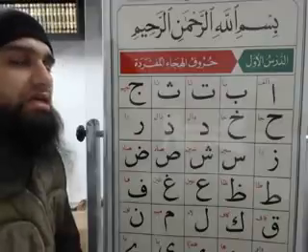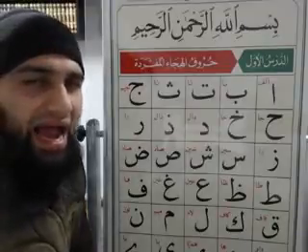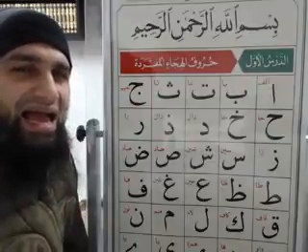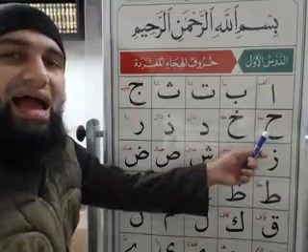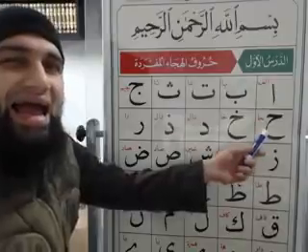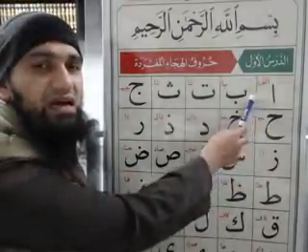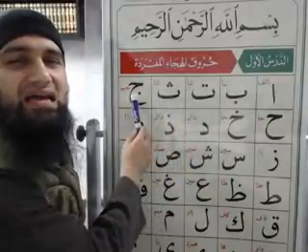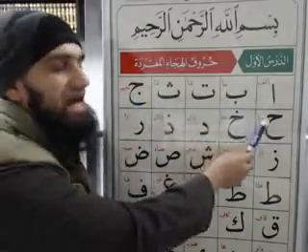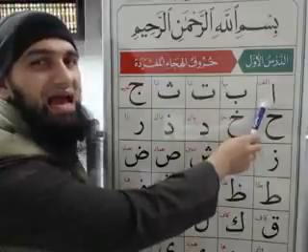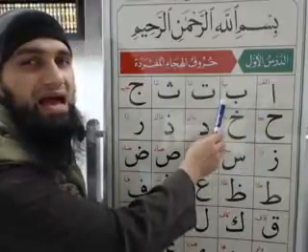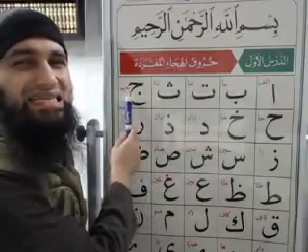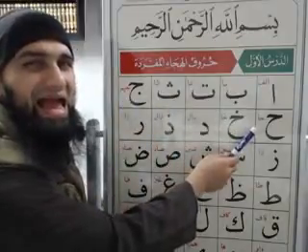It's a bit tough, but you can get it through practice. Alif, ba, ta, fa, jim, ha. Alif, ba, ta, fa, jim, ha.